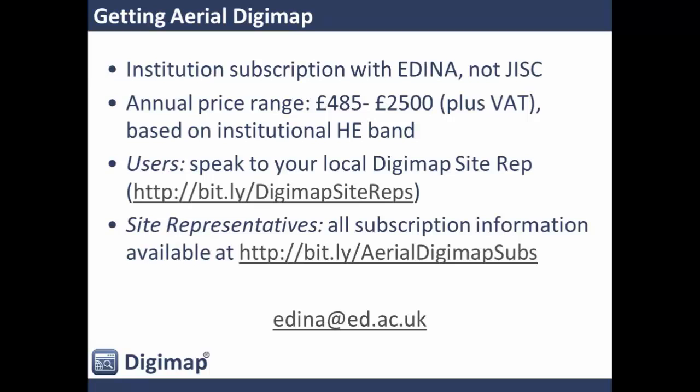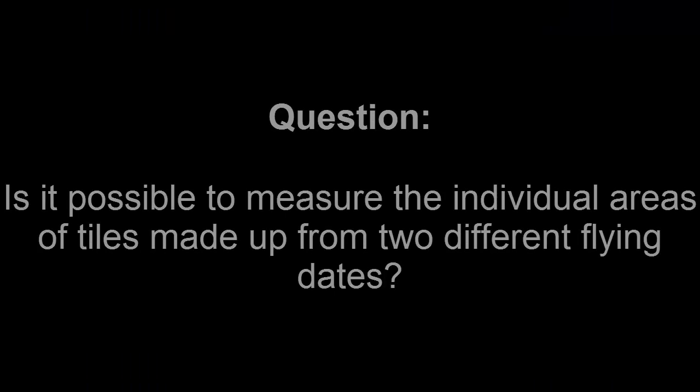So again, if people have suggestions or think there'll be things that would be beneficial to the community, please do get in touch. The best way is to email us at edina@ed.ac.uk, which should be on the screen there. But at the moment, it's just the RGB values that are present in the data. There is no infrared information in there.